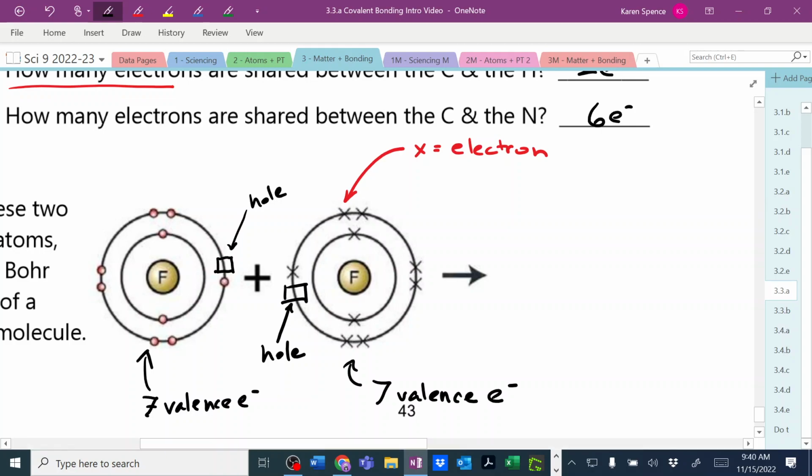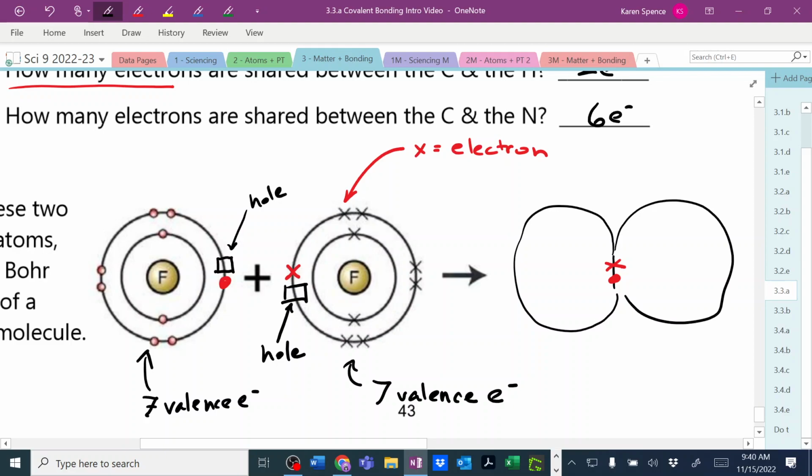So what we're going to do is overlap that middle part, and we'll have this electron here, and this electron here. So that's the overlapping bit.